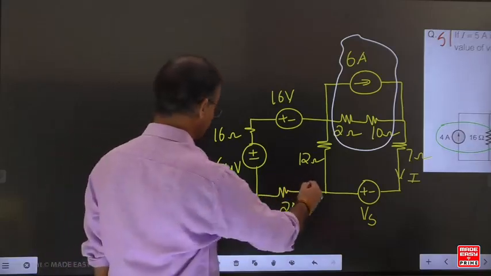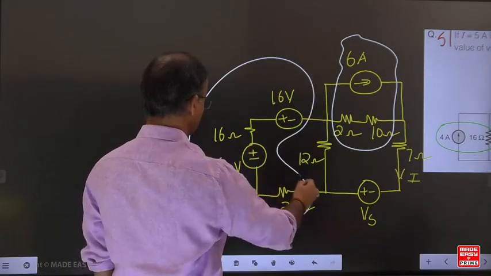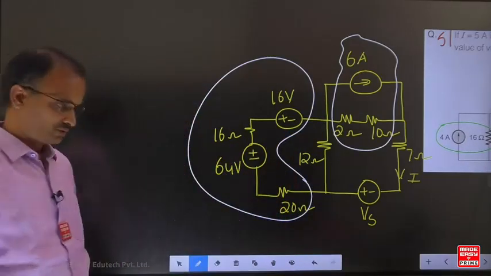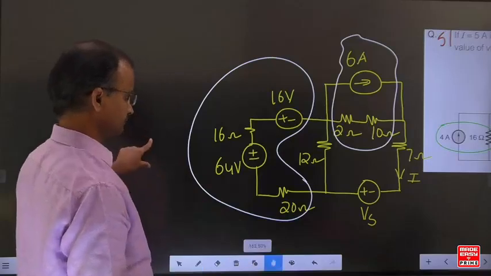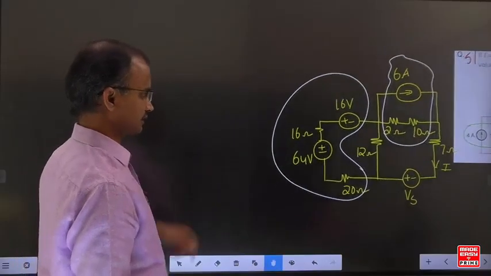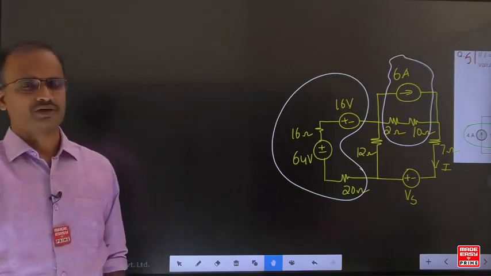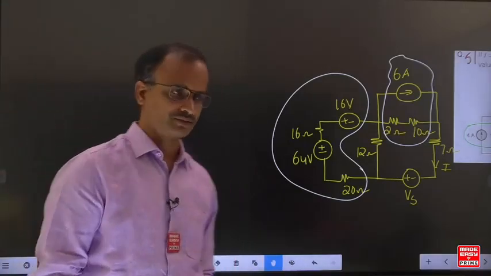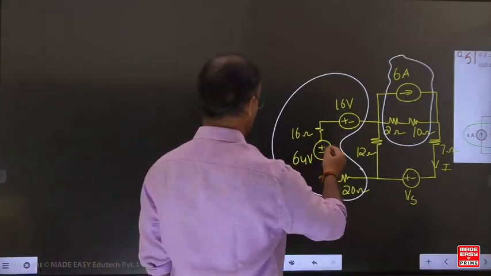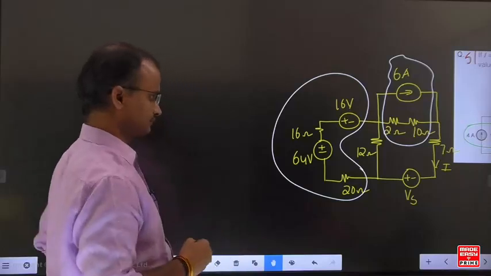Come to this entire branch. Now for this entire branch, similar polarities, as we discussed in the first class, means you write the subtraction.